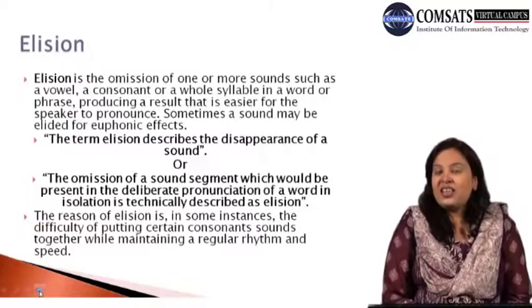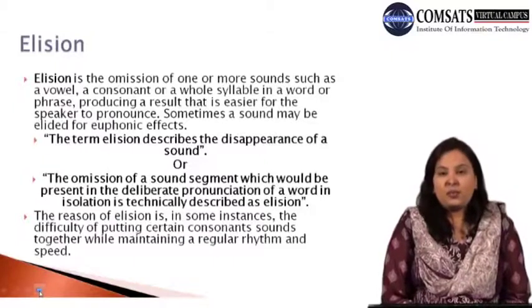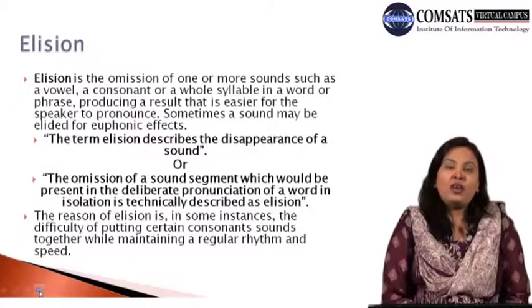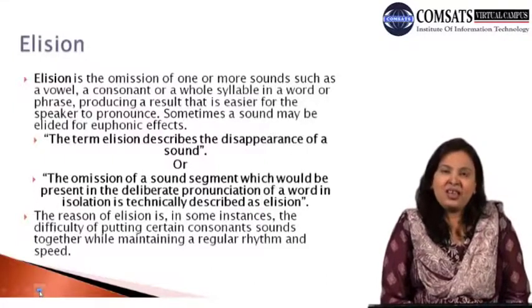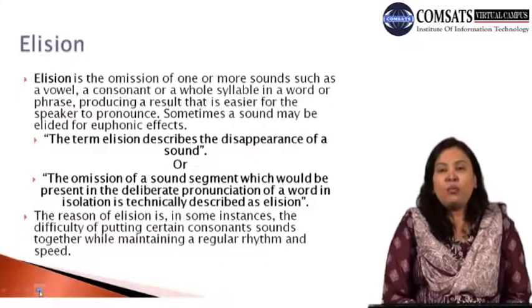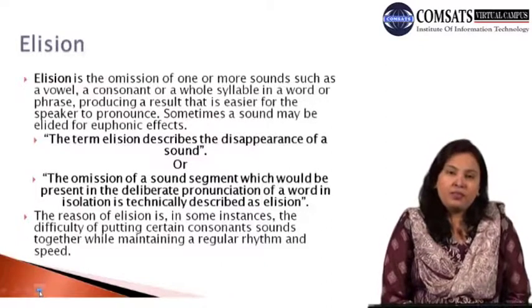The need for the elision process is that speakers, native speakers or learners, try to get ease in the pronunciation of certain words or sentences, so they try to omit sounds, and in rapid conversation it is not very clear.